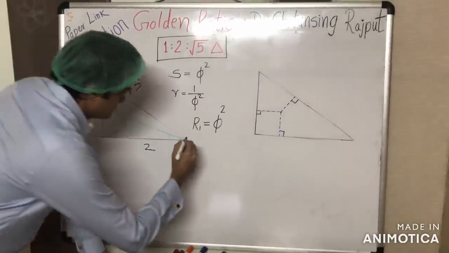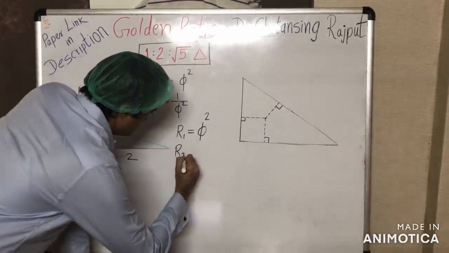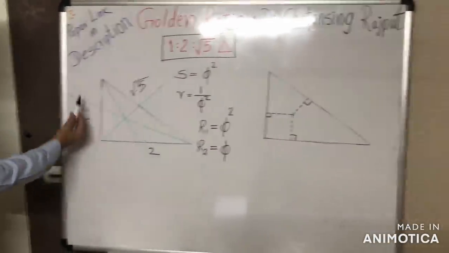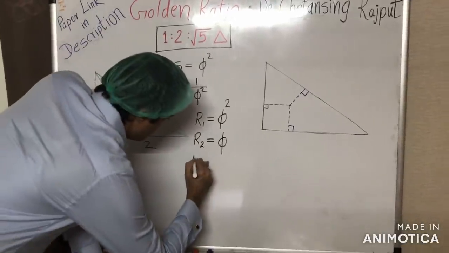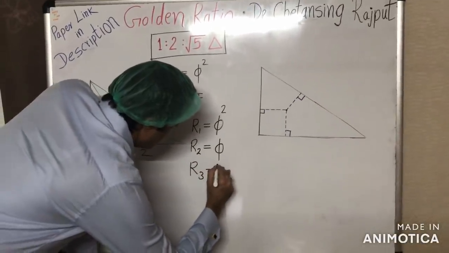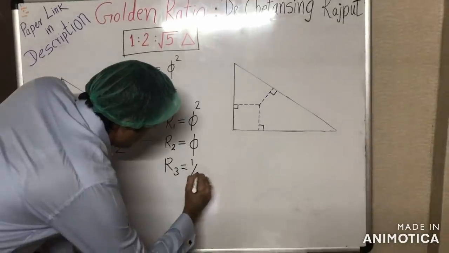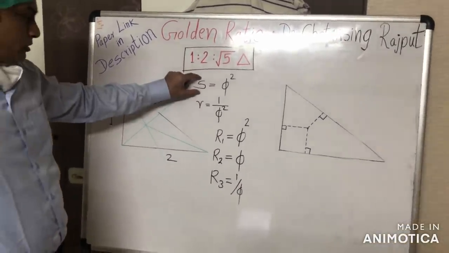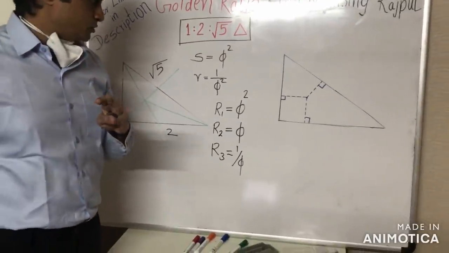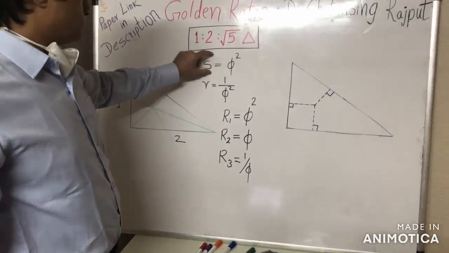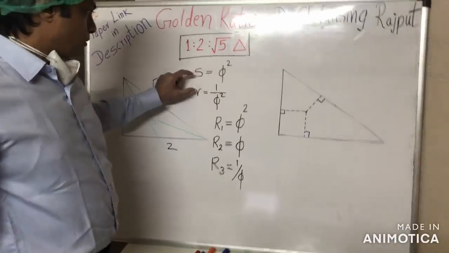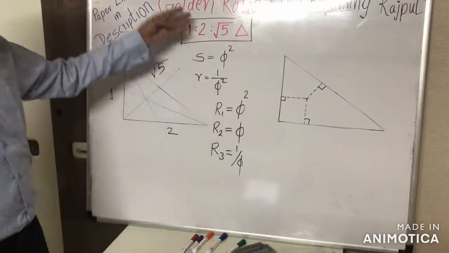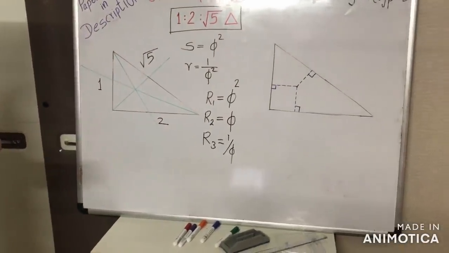Another exradius is precisely equal to the golden ratio, and the third exradius is the inverse of the golden ratio. Every calculation, every figure, semi-perimeter, inradius, exradii, everything is a precise expression of the golden ratio.